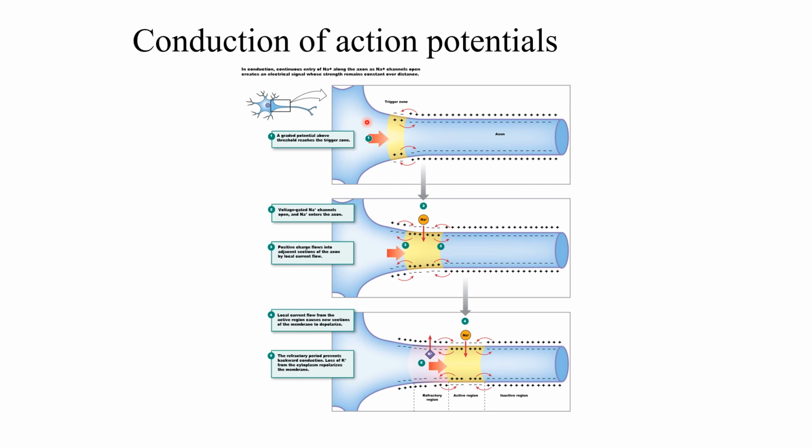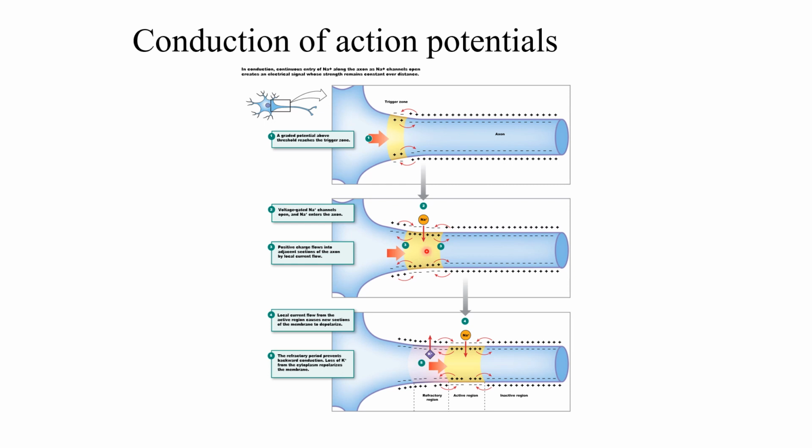Once the graded potential maintains that -55, an action potential is going to be triggered and it's going to move down the axon. Once an action potential is initiated, a bunch of sodium voltage-gated channels will open, and sodium is going to start rushing into the axon, depolarizing the axon.